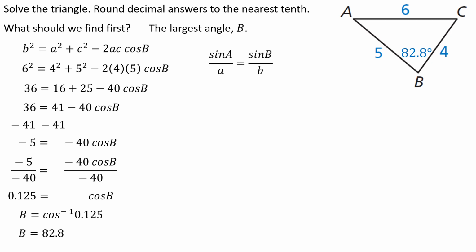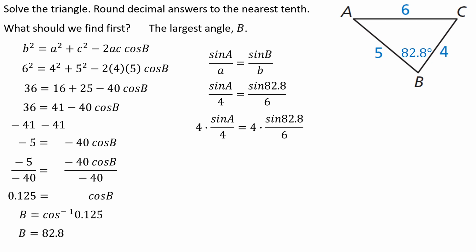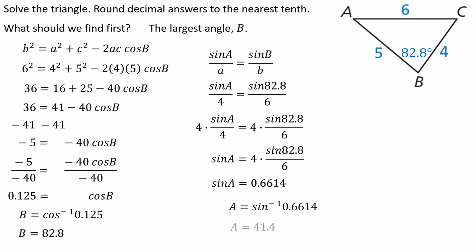We can switch back to the law of sines now because I know both sine of B and B. Right? Plug in the three values I don't know. All right, and you see why we did law of cosines first, because using law of cosines, we keep reverting back to using the law of sines.